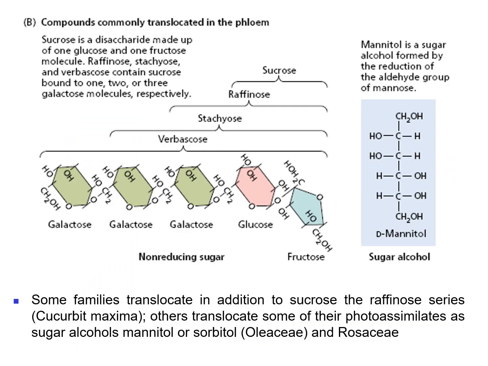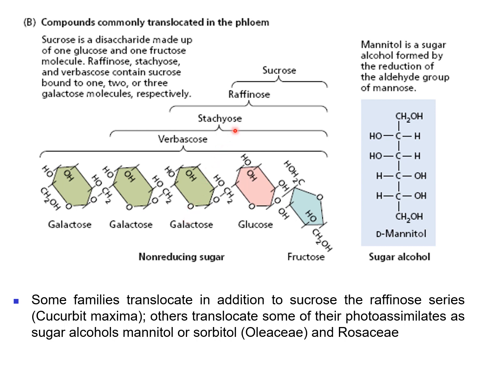Some families, like the Cucurbitaceae family, translocate in addition to sucrose, the raffinose series, that is, sucrose bound to varying numbers of galactose molecules. Raffinose consists of sucrose bound to one galactose molecule.